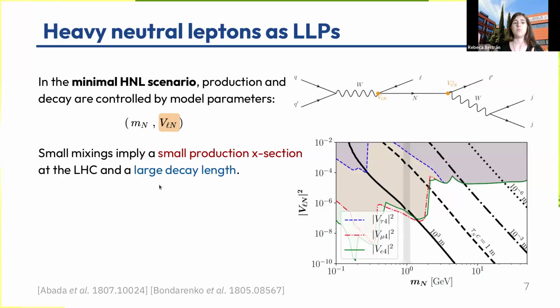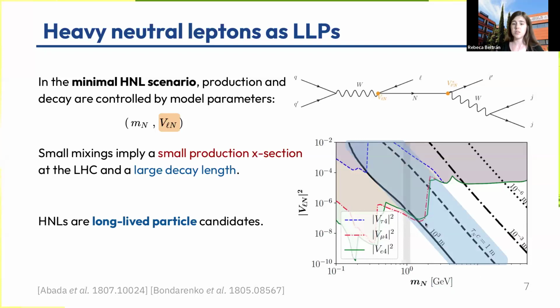So this leads to large decay lengths, and in this plot, for example, we are plotting in this plane of squared mixing versus HNL mass some diagonal lines of fixed values of decay lengths. This ranges from millimeters to even kilometers. So we see that in some part of the parameter space, these HNLs are potential long-lived particles.